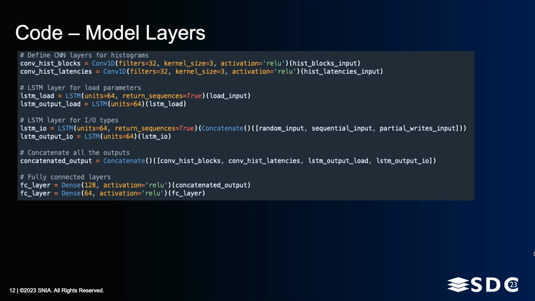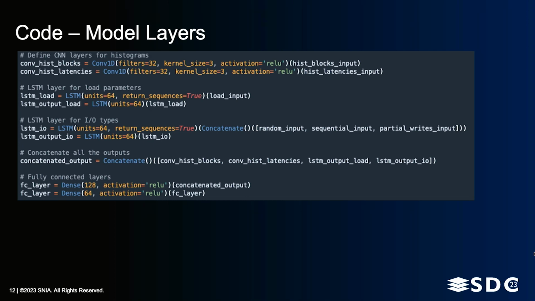Since this is not an end output, we pass this to a concatenate layer, and then the final layer will again have a ReLU function. We took a similar approach for the latencies, and since it is 5 bins, we take 32 filters and kernel size 3.